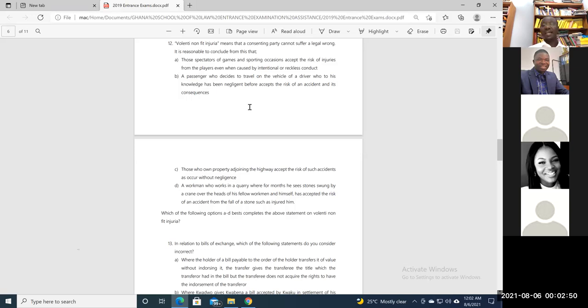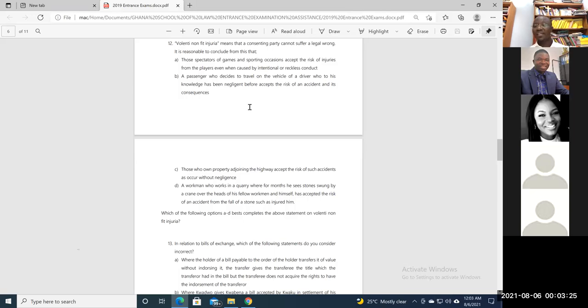The tortfeasor is saying that despite the fact that I have brought myself within the elements, the other party ought to have known that this particular thing was inherently risky. If the elements of negligence are not there, for example, one did not owe a duty of care, or there is no breach and resultant injury, why would you want to talk about voluntary assumption of risk?